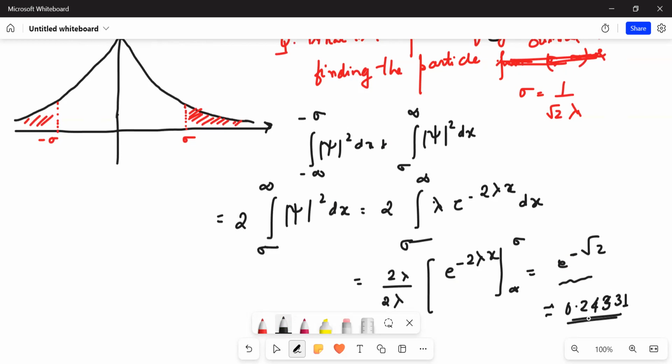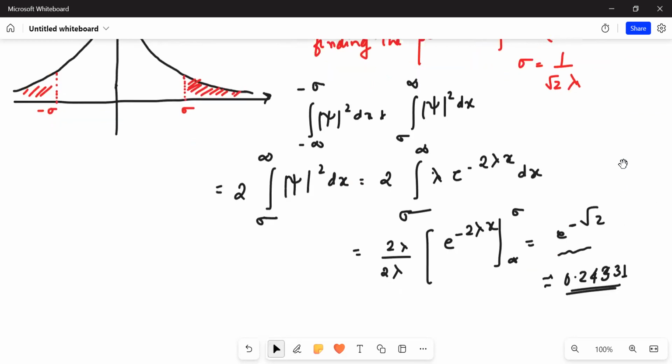So the probability of finding the particle outside this zone of uncertainty, because what is sigma? Sigma is the standard deviation in the measurement of position. So beyond minus sigma, sigma, the probability of finding the particle would be simply 0.24331.